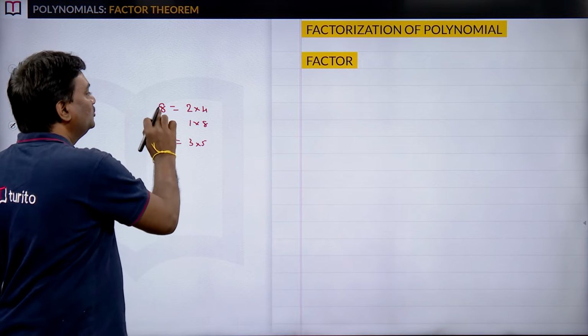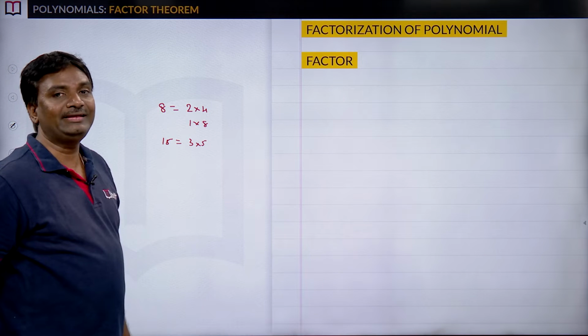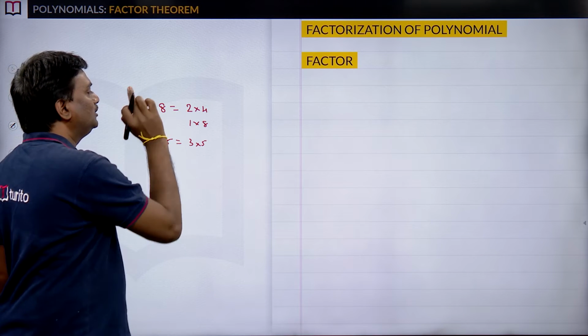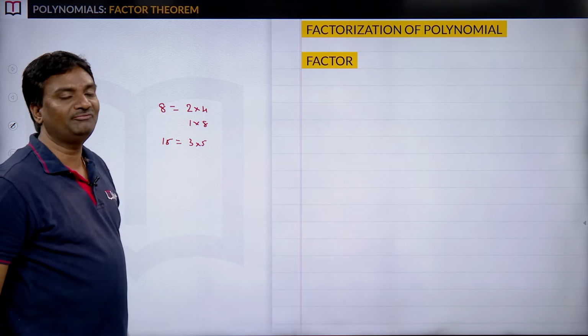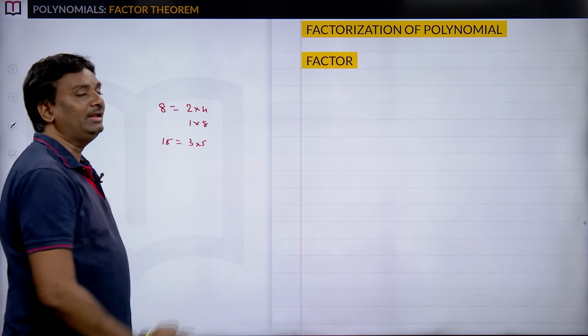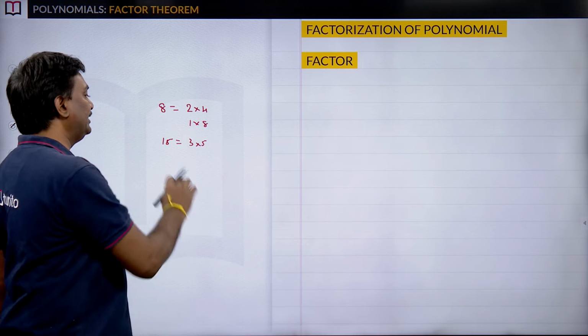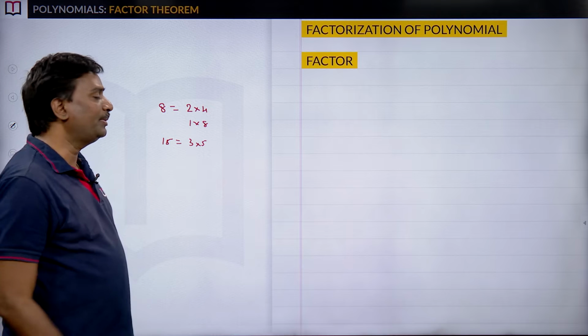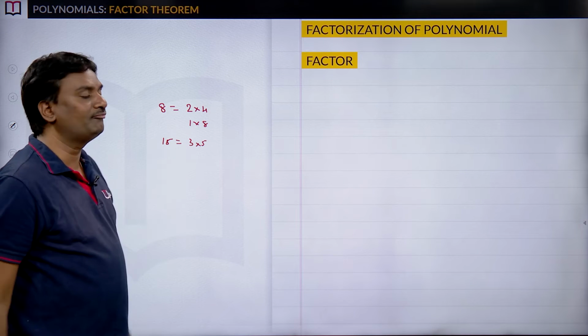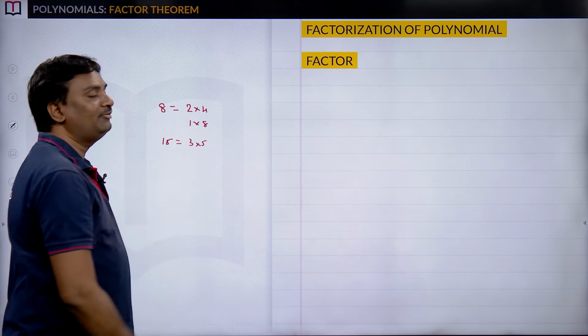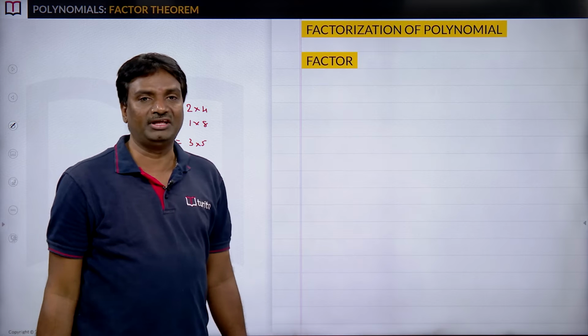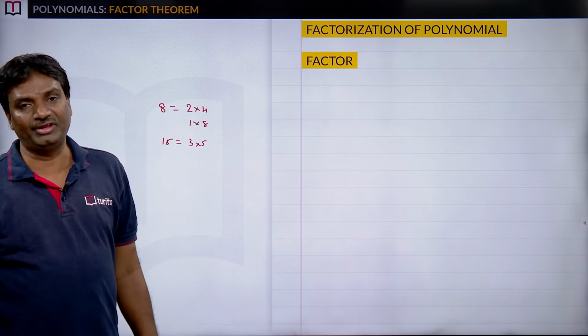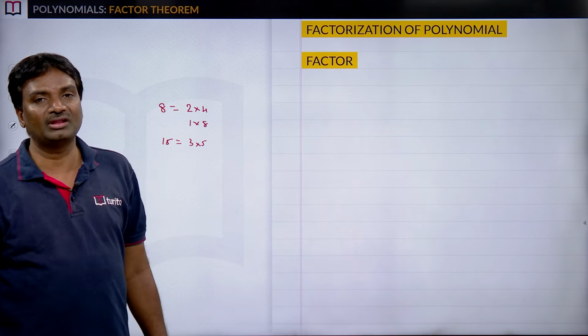Here, if we express 8 as 2 and 4, we can say 2 and 4 are the factors of 8. Similarly, 1 and 8 are the factors of 8. Similarly, if we express 15 as 3 into 5, then 3 and 5 are the factors of 15. Or you may write 1 into 15, 1 and 15 are the factors.